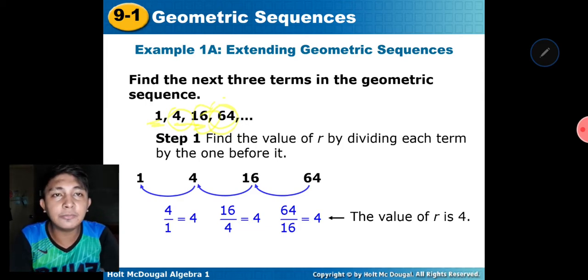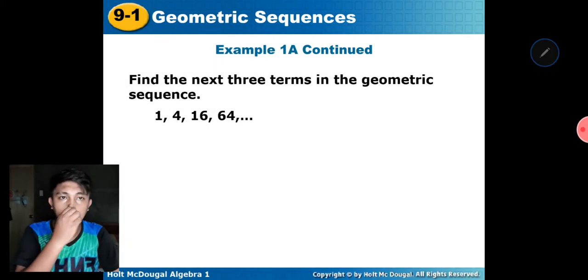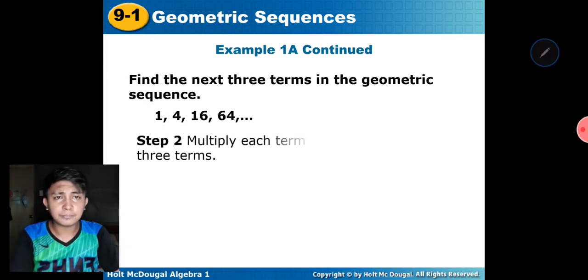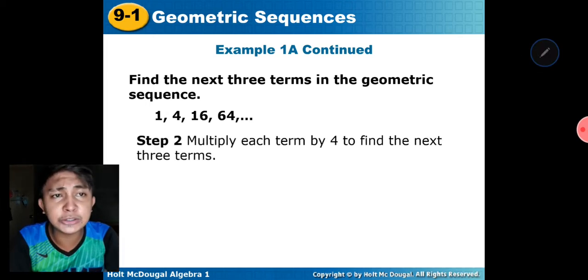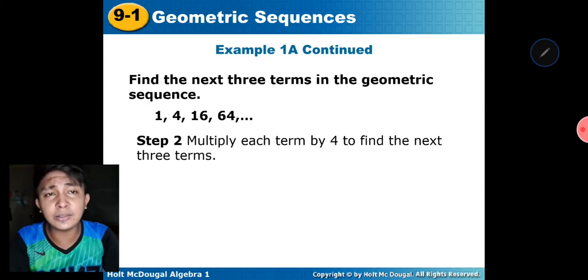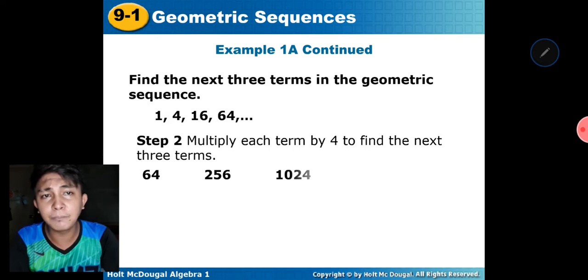Let's proceed to finding the next three terms in the geometric sequence. So step 2, multiply each term by 4 to get the next three terms. So si 64, multiply sa 4, we have 256.